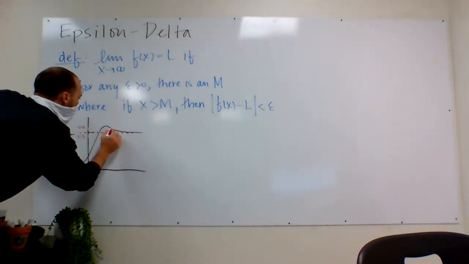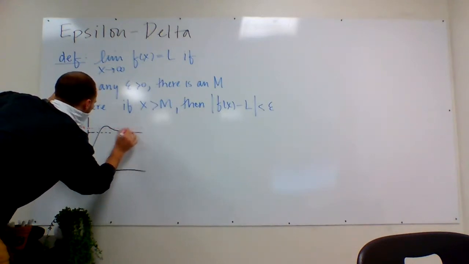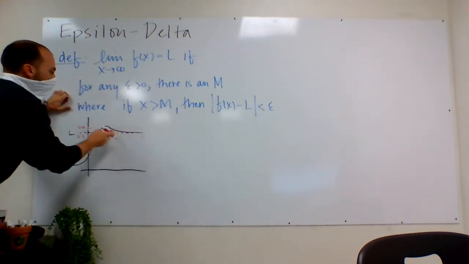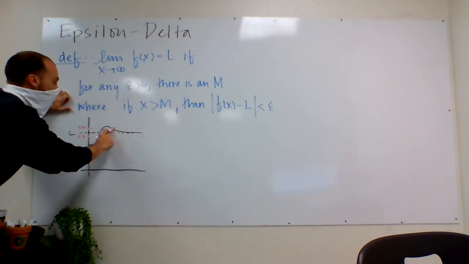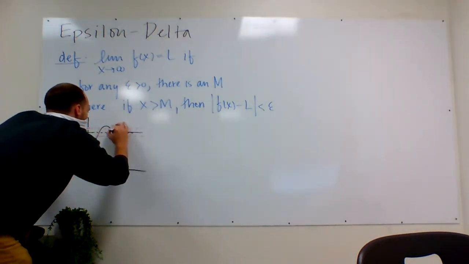If I want to be within this lane, I just need to go beyond this x value. After this point right here, I'll definitely be within epsilon of my limit. And we can trace this back to right here.